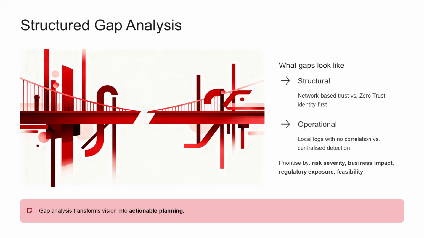For example, if your target state includes identity first zero trust architecture, but your current state relies heavily on network based trust, the gap is structural. If your target state includes centralized logging and automated detection, but logs are stored locally without correlation, the gap is operational.